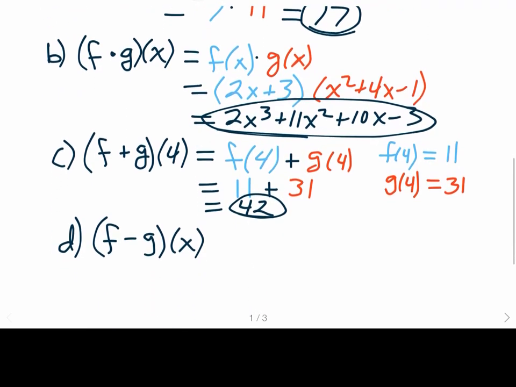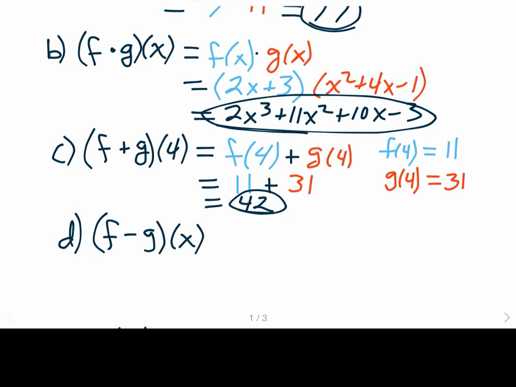Next, we're asked for (f−g) of x. And as I'm sure you've concluded, what this means is the expression that defines f, 2x plus 3, is going to be the first term, and then we're going to subtract x squared plus 4x minus 1, the expression that defines g.